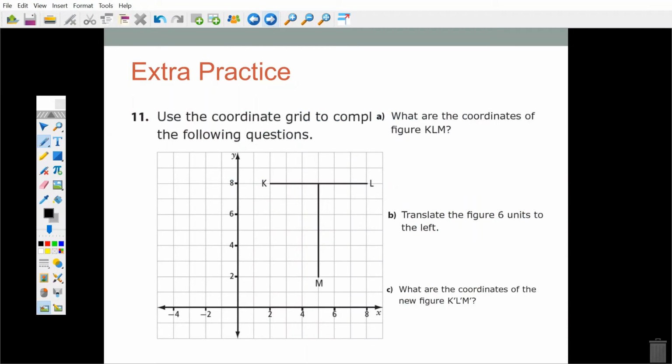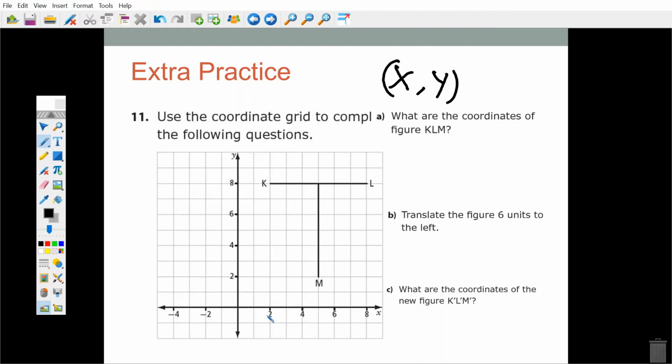The final question here is we are given a shape which looks like the letter T on a coordinate grid. The first question asks, what are the coordinates of the figure KLM? Well, remember, coordinates have to be written in the X and Y form.